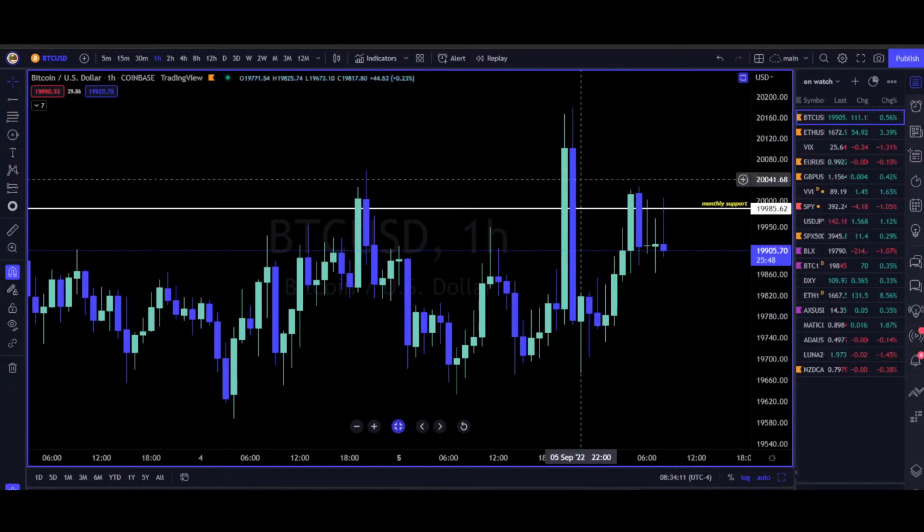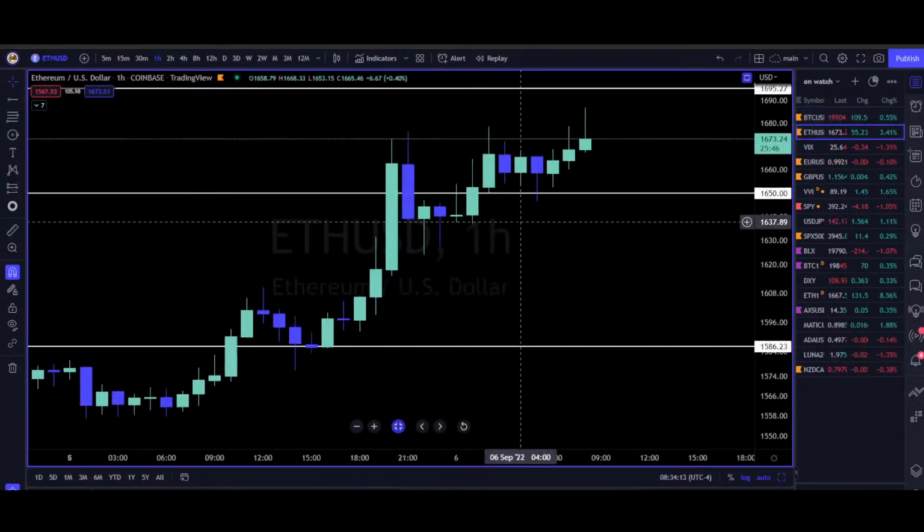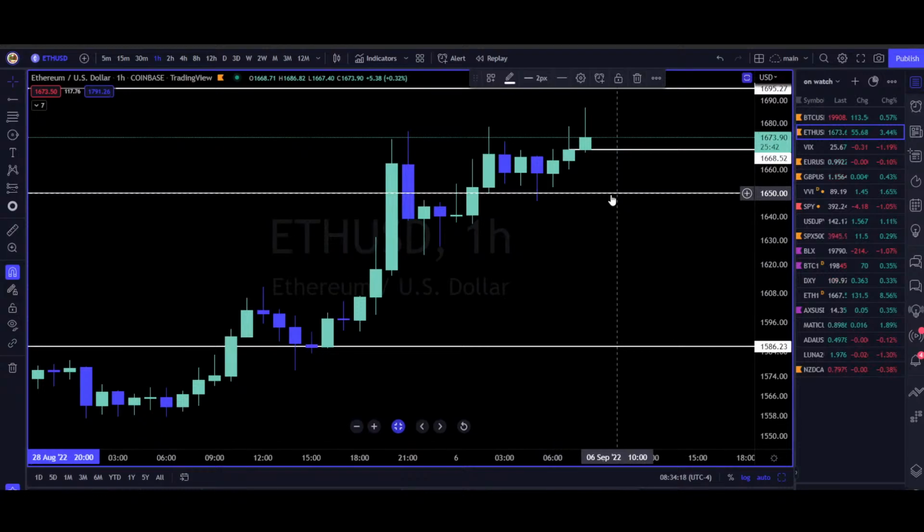Ethereum is now starting to get a little bit of a bearish reaction, not much. This is going to be the new resistance intraday.